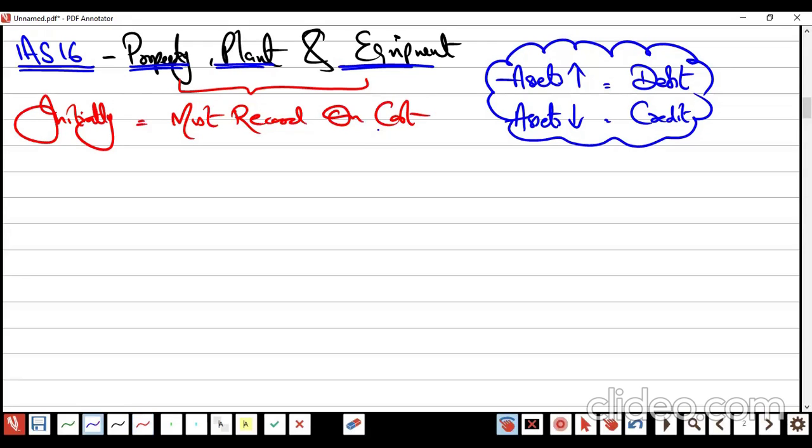And IAS 16 suggests that whenever you buy a non-current asset, you must record it on the cost. Now, what is cost? The question is, what is cost? So, any idea? The cost of purchase, okay.